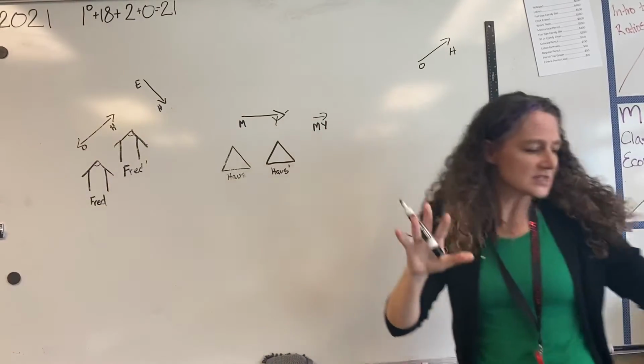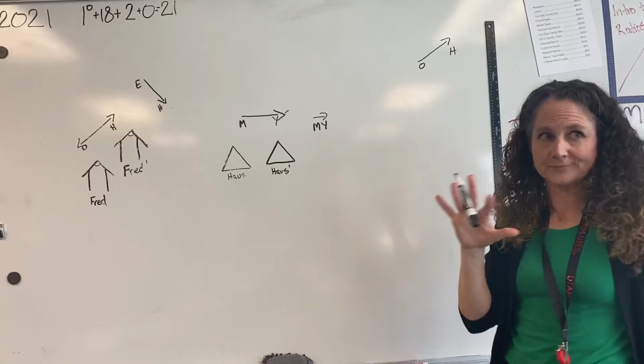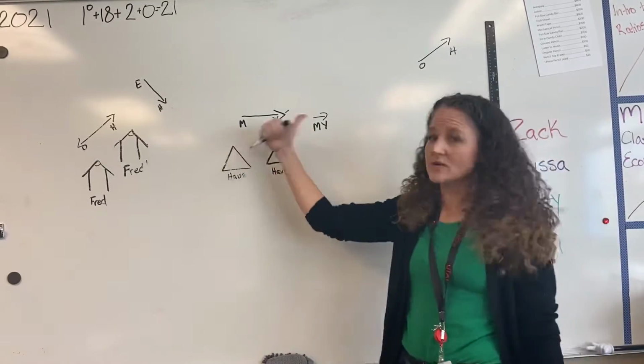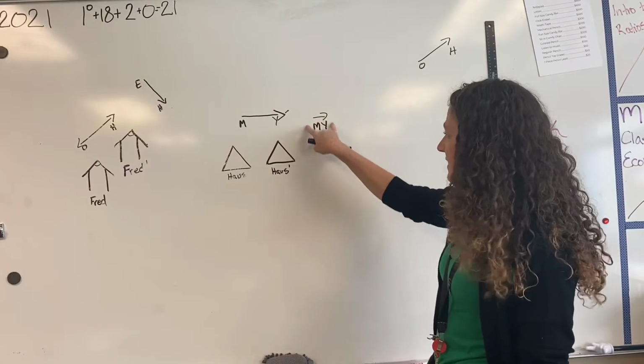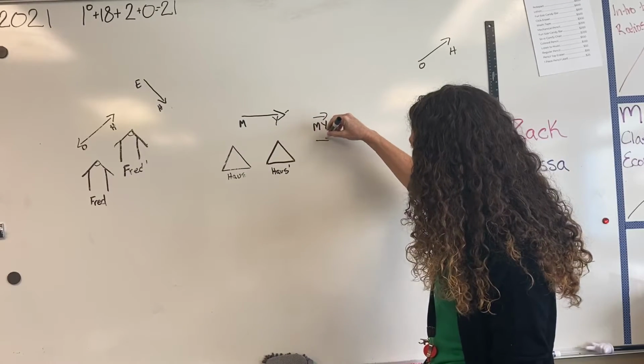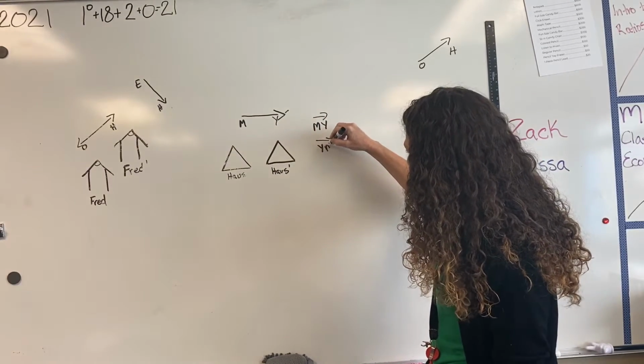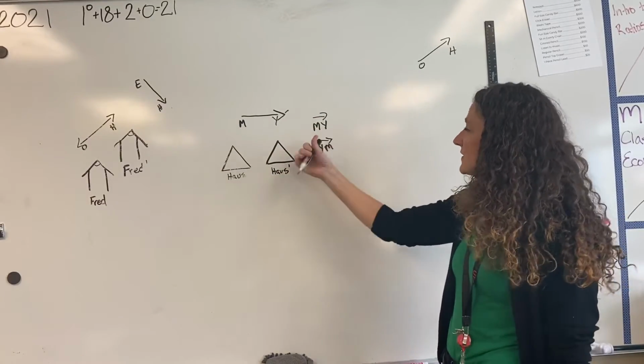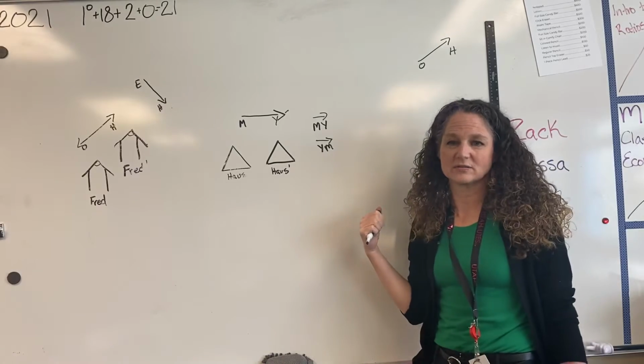Now, here's the important thing that you need to learn, and students often mess up. Vector my goes this direction, and I write this vector notation, but I still write it this way even though my goes that direction. When you're naming a vector, the vector always goes left to right in your name.